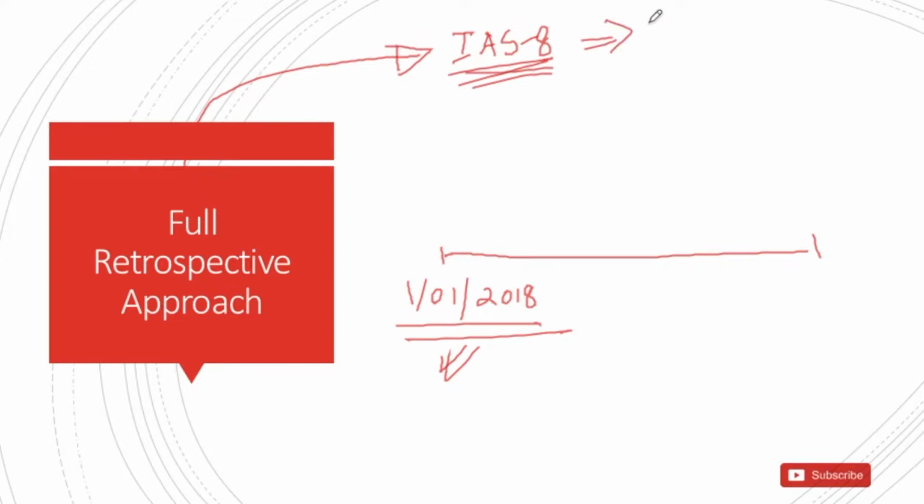Now, why IAS 8? When we have a change in the accounting standard, it changes the accounting policies. So always remember the standard comprises accounting policies and IAS 8 deals with changes in accounting policy, which means if you change any accounting policy, how you need to record it in the financial statements and how we can record the financial impact.